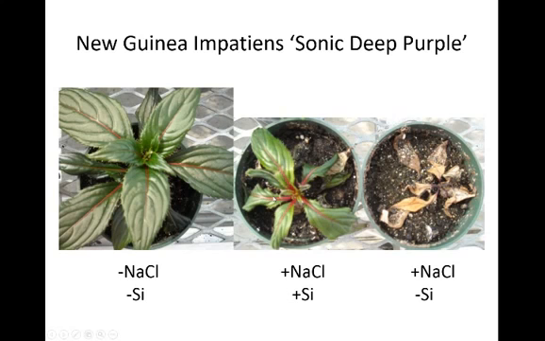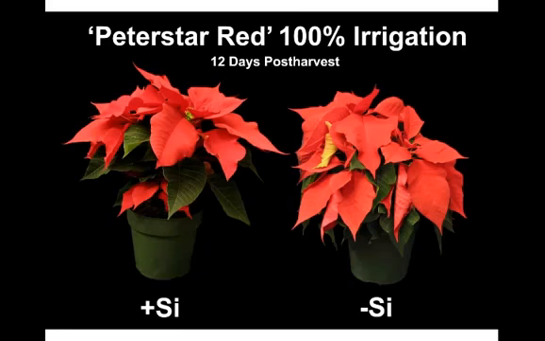In the middle is the plant that had this extreme salt stress and got silicon, and it was still alive 3 or 4 weeks into the experiment. And then we have our salt stress treated plants without silicon, and they were already dead at that point. So there are some benefits, it appears, for salt stress tolerance in bedding plants, but it does seem to be on a species by species basis.